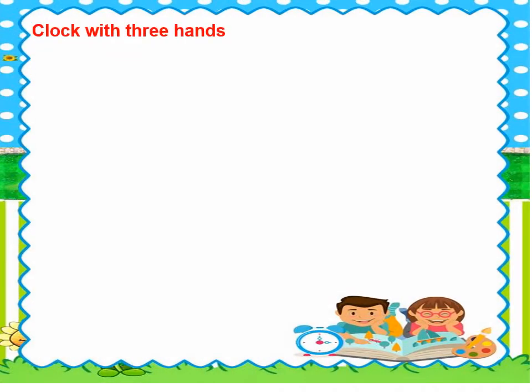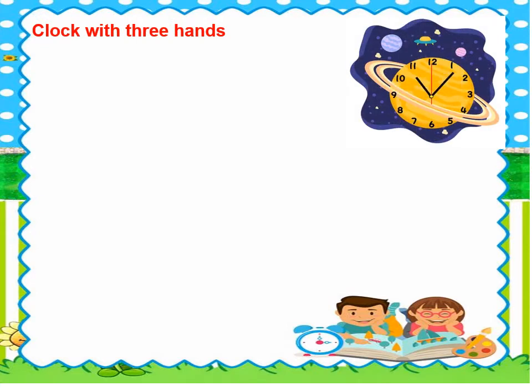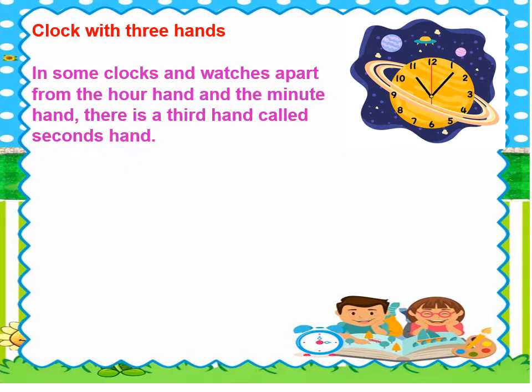Now our next topic is clock with three hands. In some clocks and watches, apart from the hour hand and the minute hand, there is a third hand called the second hand. Till now we have seen two hands in a clock, the hour hand and the minute hand. Now the third hand is the second hand.